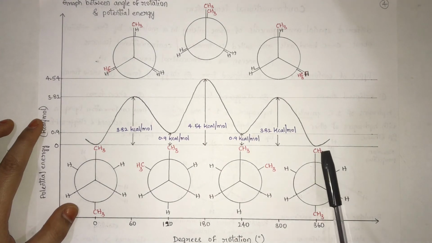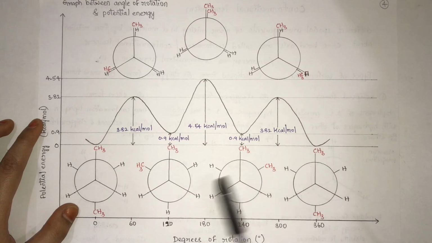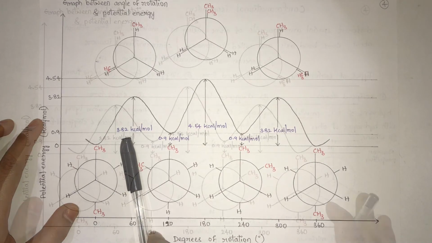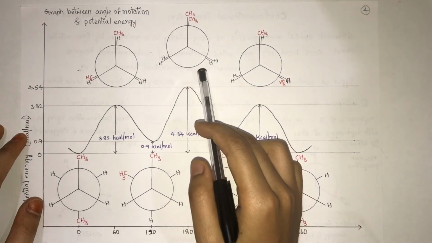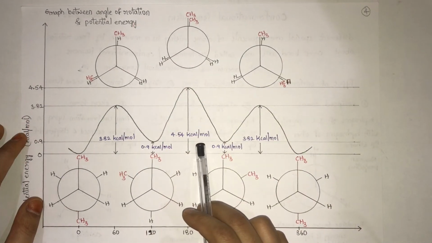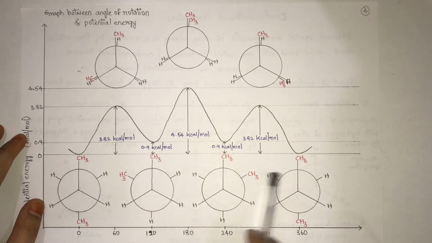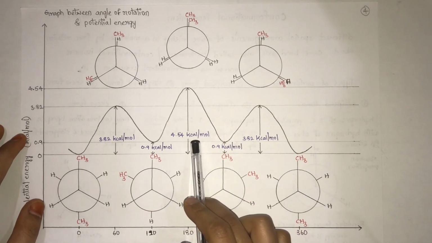It needs only 0 kilocalories per mole energy. So based on your rotation of the molecule, particularly the back carbon, it is taking a particular amount of energy. Eclipsed form is taking 4.54 kilocalories per mole. As it is taking more energy when compared to all the conformations, it is highly unstable.